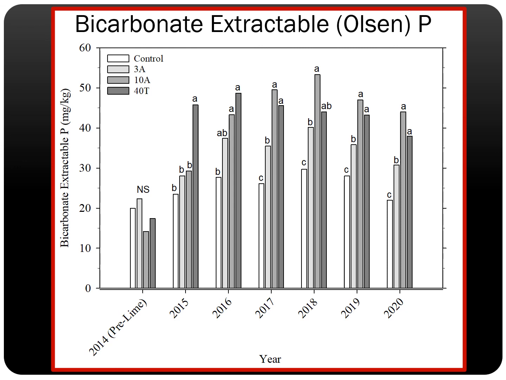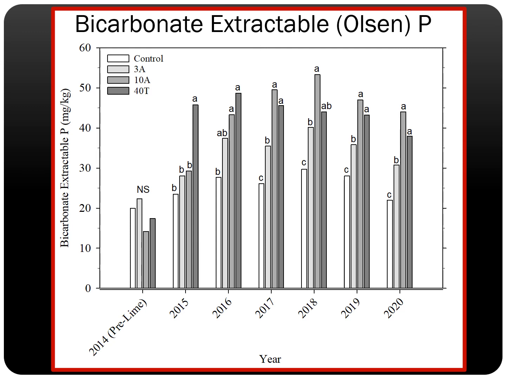You can see that after the first year, right before the second application of lime, the effect of the first lime application becomes evident in the fact that that 40-ton application rate had a much higher phosphorus concentration compared to the other treatments, including the control.